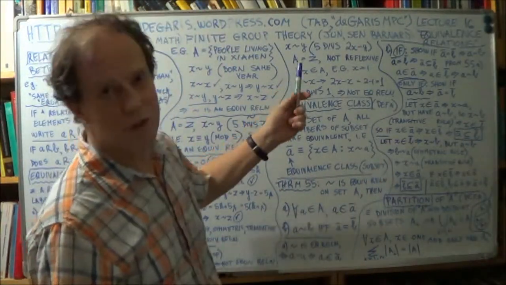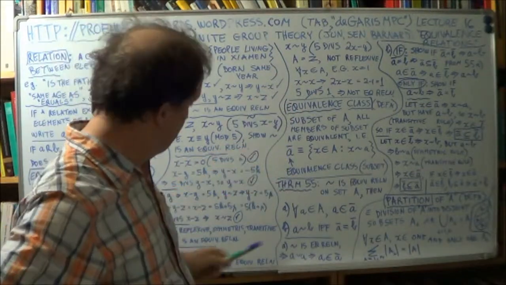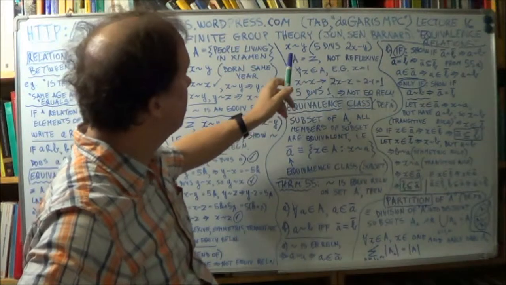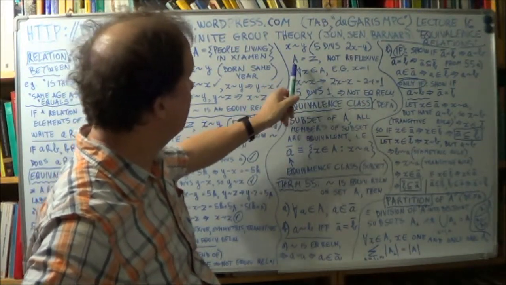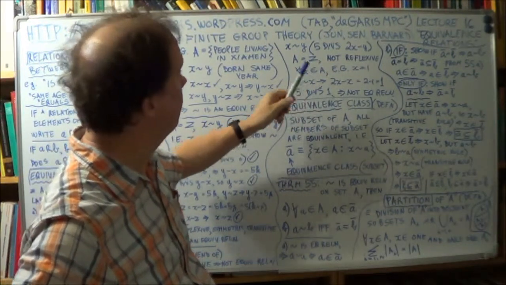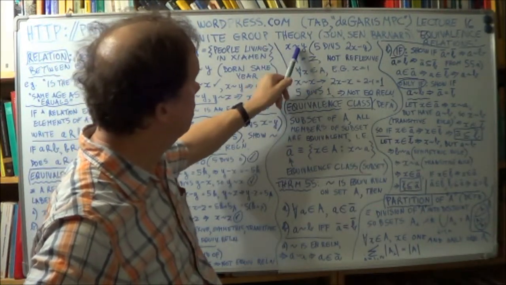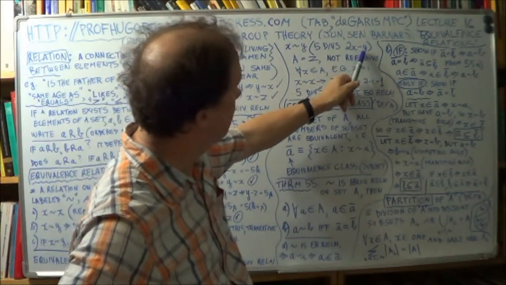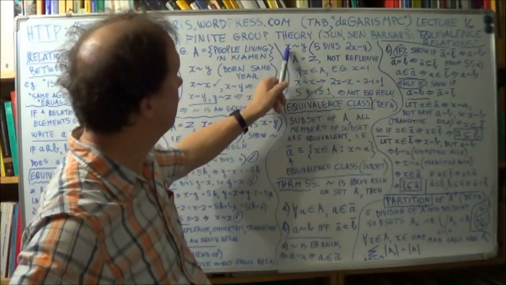All right. Now let's do some counterexamples. Well, we just did one here. Here's another one. The set is integers again, just A is Z, and the relation is now that 5 divides 2x minus y, where x and y are integers.